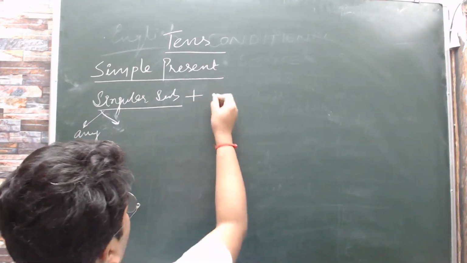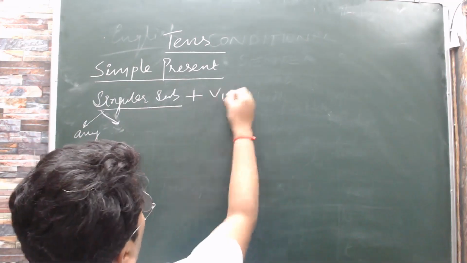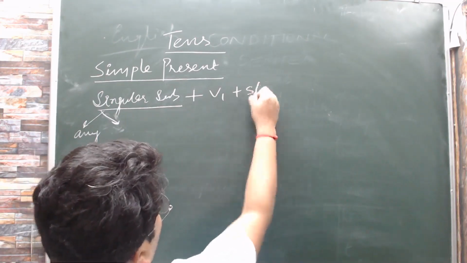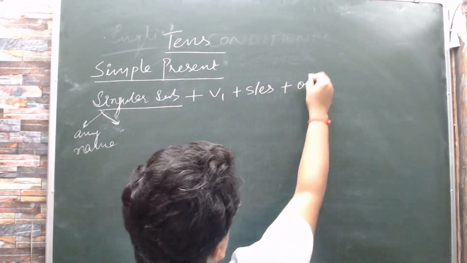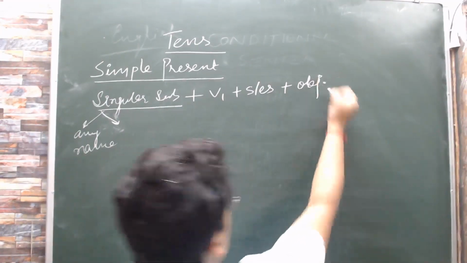So with the singular subject, we use verb first form plus add s/es with the subject, and then we use object.